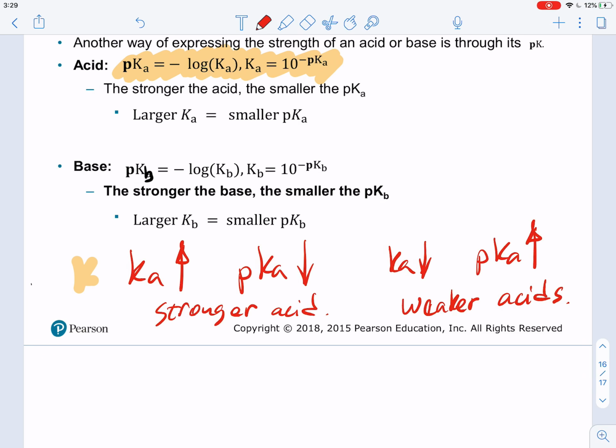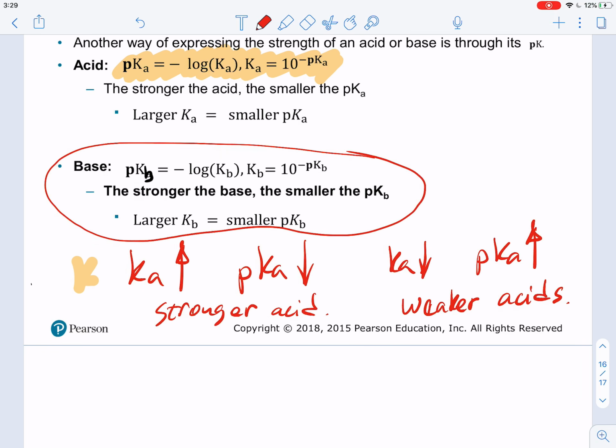The relationships are pretty much the same if you are referring to a base. But again, for now we are focusing our attention on acids, so we're going to stick with acids for a while. We're going to start doing the calculations for equilibrium situations with pH, and then we will move into bases. But for now, I want you to remember these trends. Stronger acids will have larger Kas, smaller pKas, and weaker acids will have smaller Kas and larger pKas.